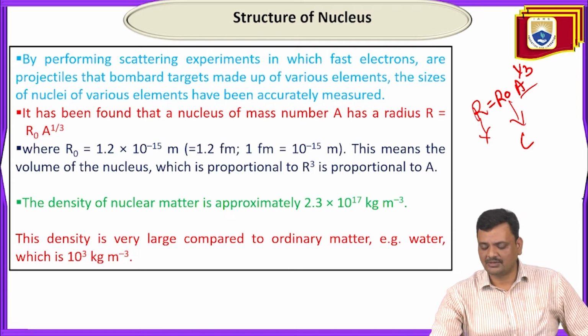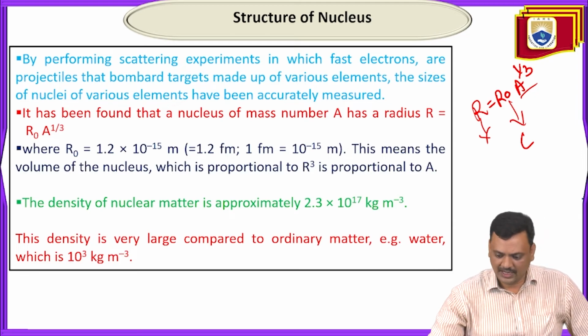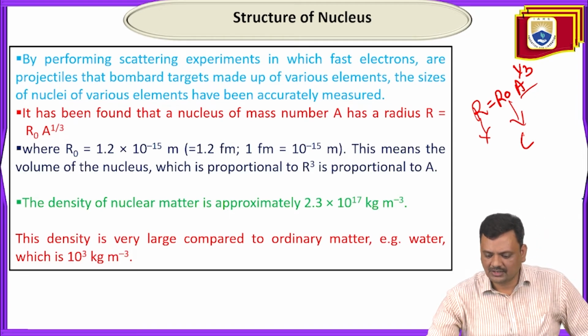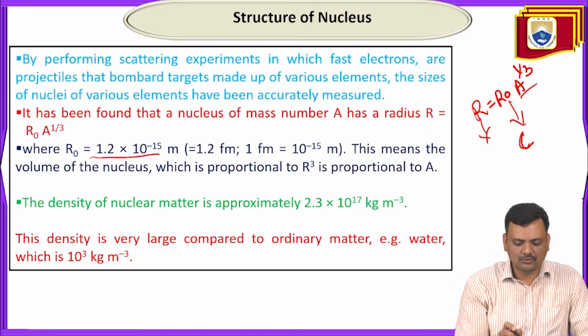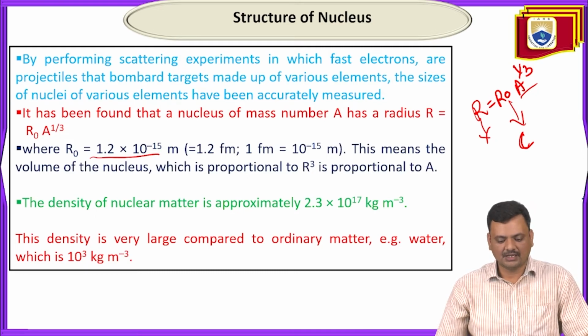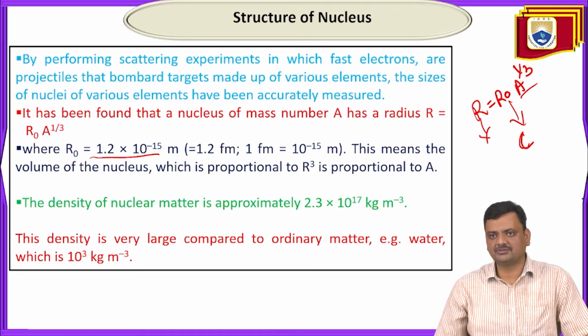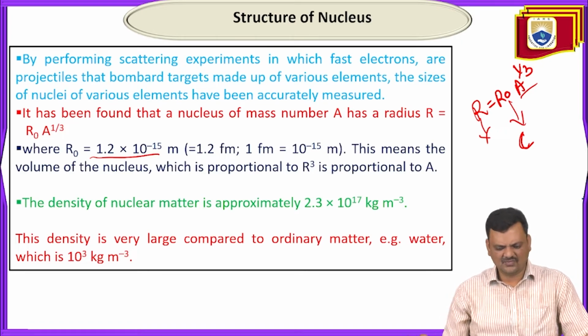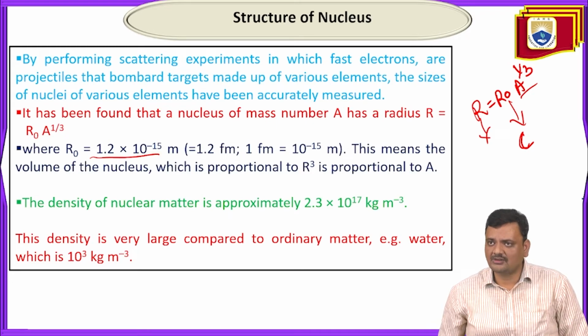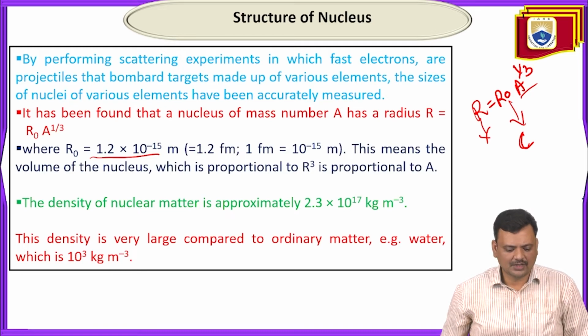The value of R0 is 1.2 × 10^-15 meter, and 10^-15 meter means Fermi, so the value of R0 is 1.2 Fermi. With the help of this formula, you can find the radius of the nucleus of any atom.